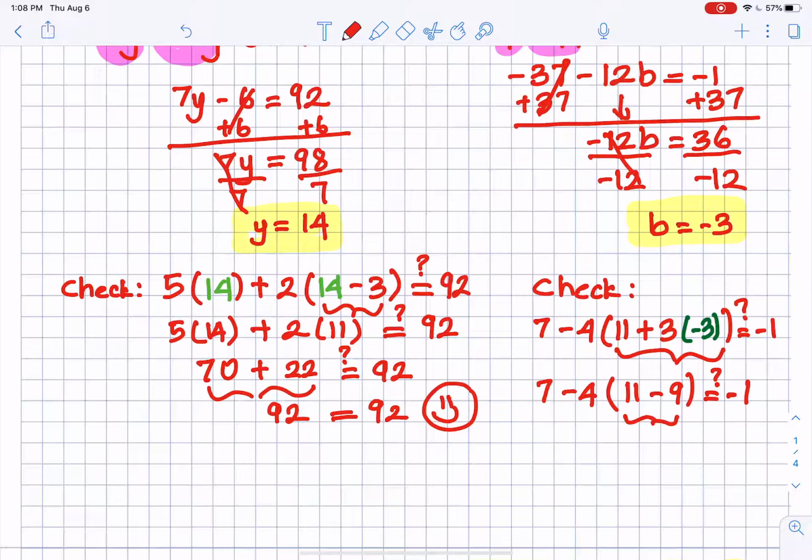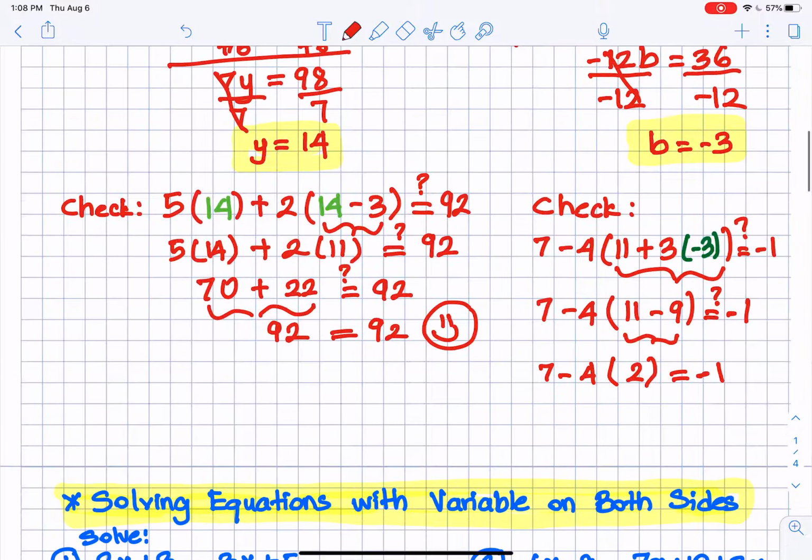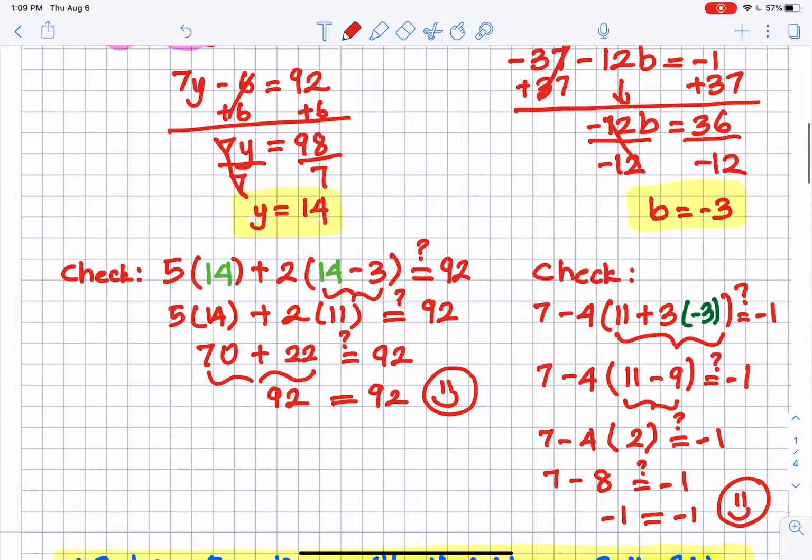And then I'm going to rewrite again the rest, and I'm going to take care of what I have inside the parentheses. 11 minus 9 will give us 2. And then 7 minus 8 equals negative 1 or not? Yes, it is. So 7 minus 8 is negative 1 and equals negative 1. And then that was correct as well.